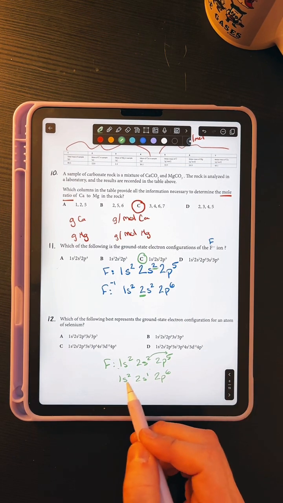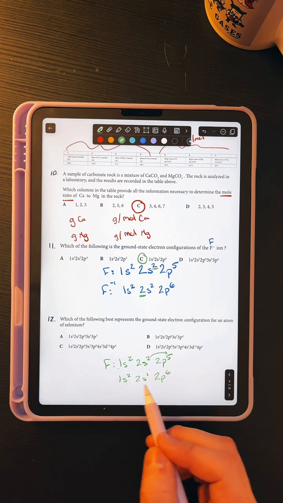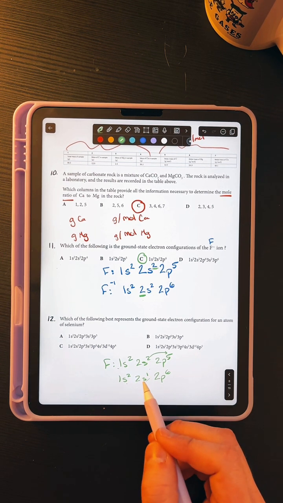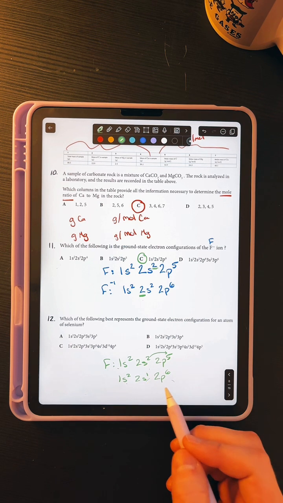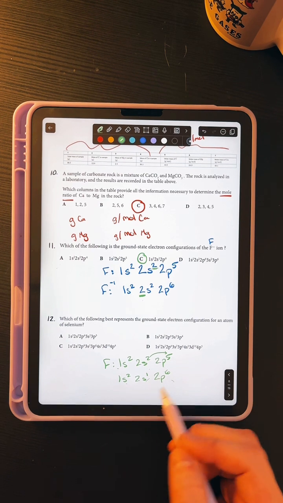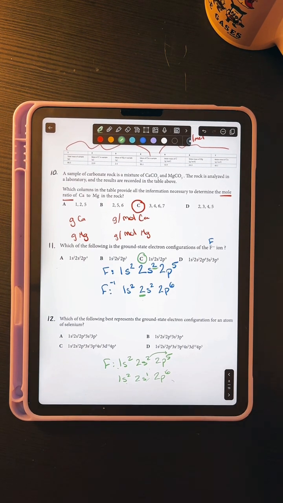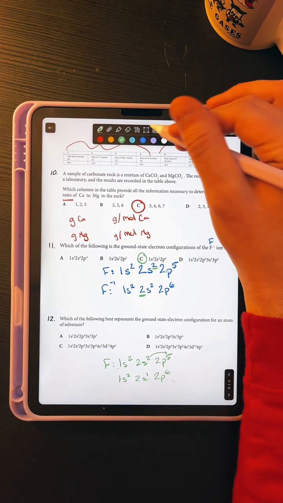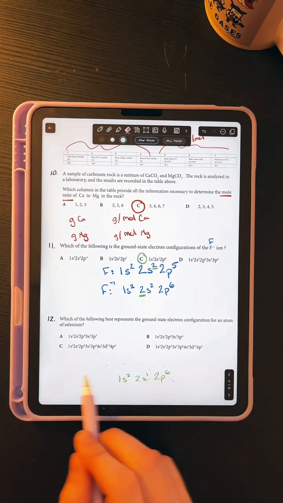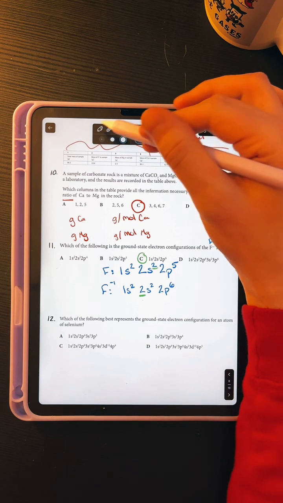Whereas underneath it, 1s2, the s orbital is completely filled. 2s1, that's not completely filled. Did we end? No, we kept going, which means that we have an excited electron somewhere in that p orbital. All right, so that is a little bit about excited versus ground state.